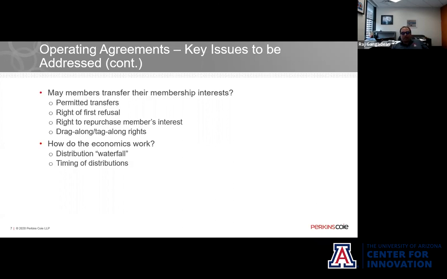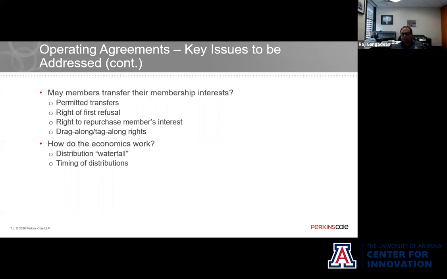Timing of distributions. One thing that happens with an LLC typically is that the profits and losses that the LLC experiences get passed along to the members, and there's a number of rules that determine how those get passed around.